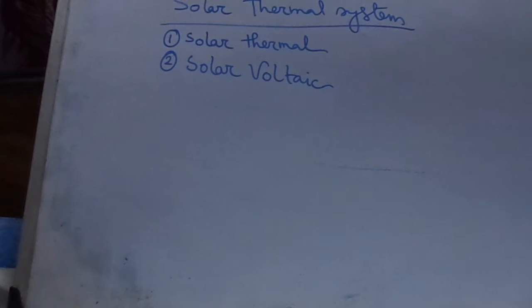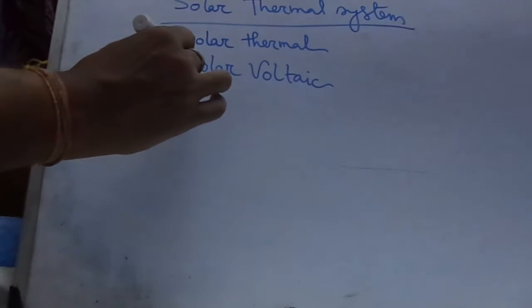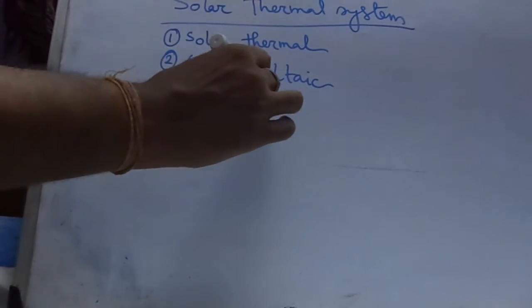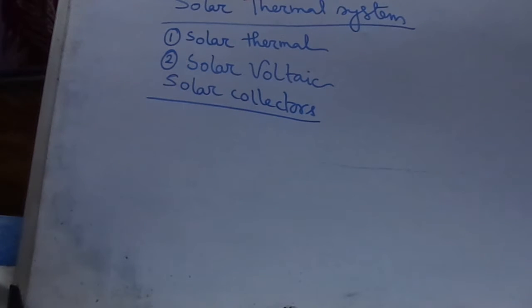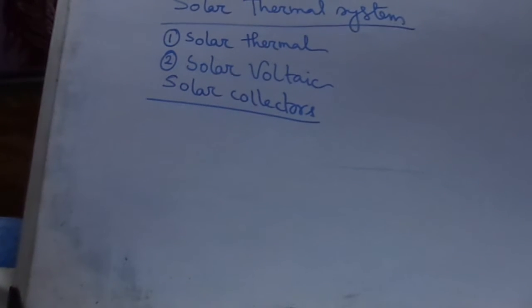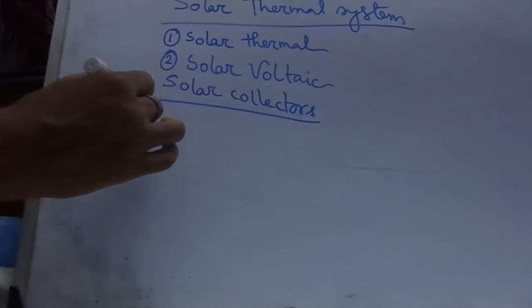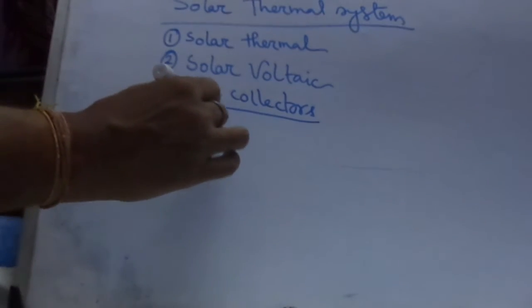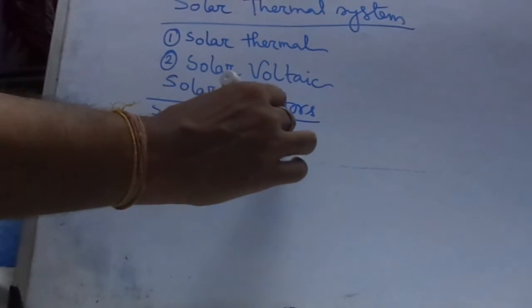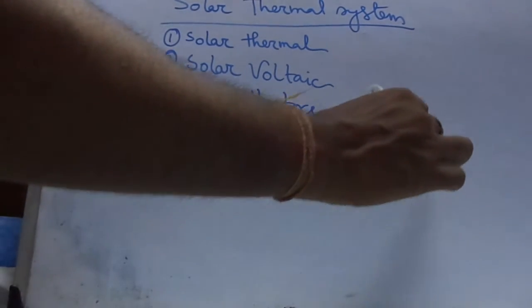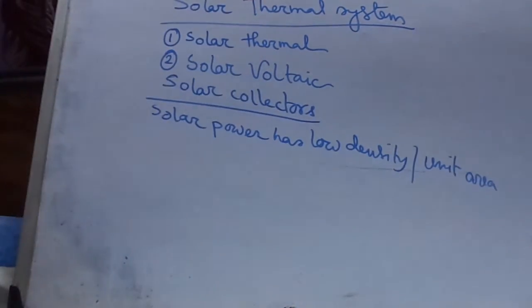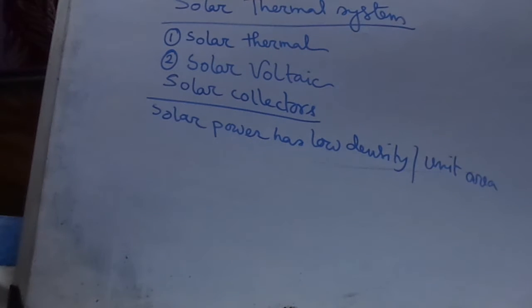Okay. So first one is the solar collectors. Solar power has low density per unit area.